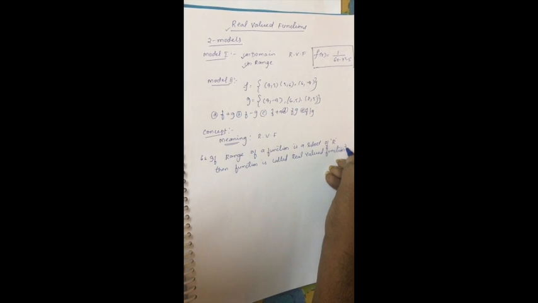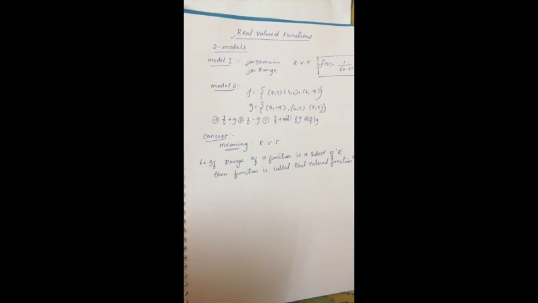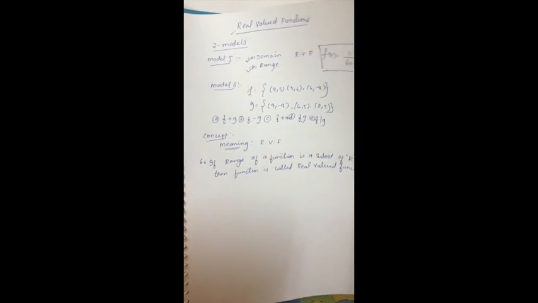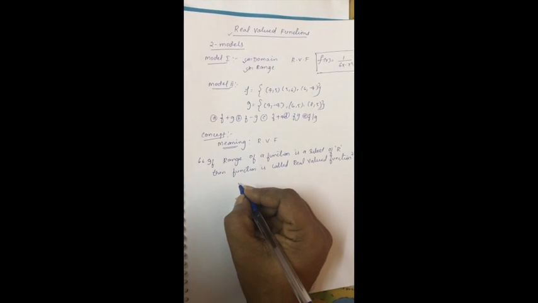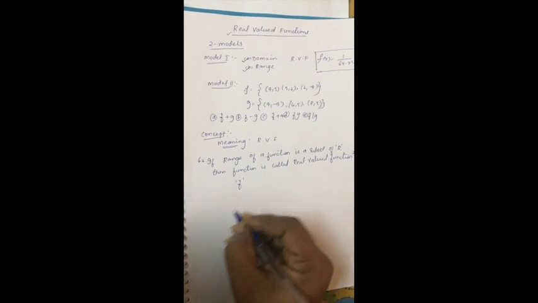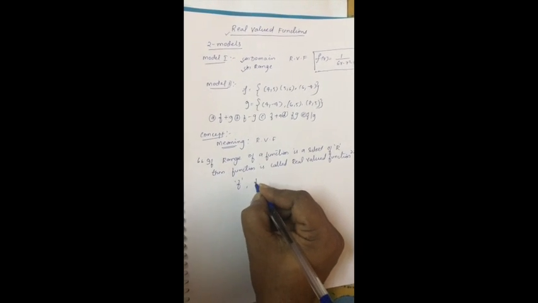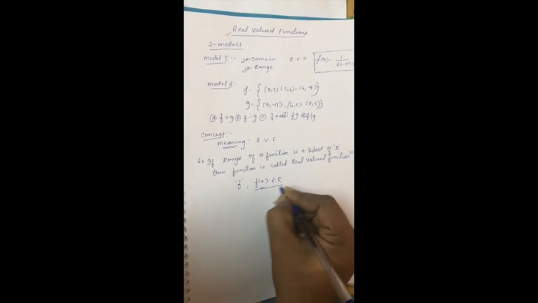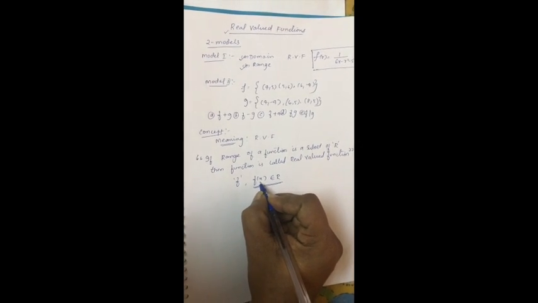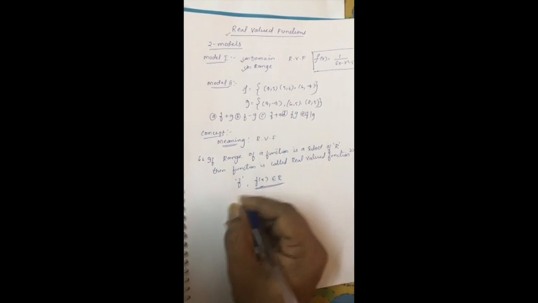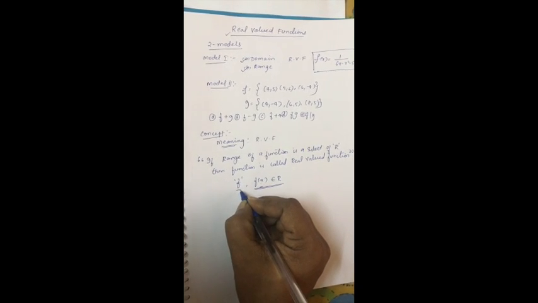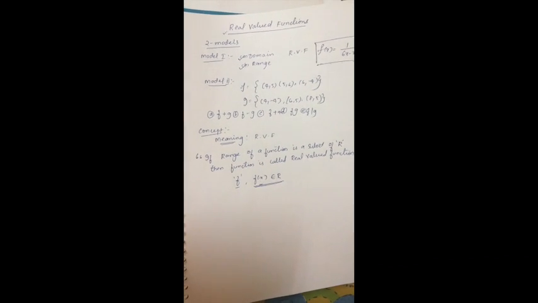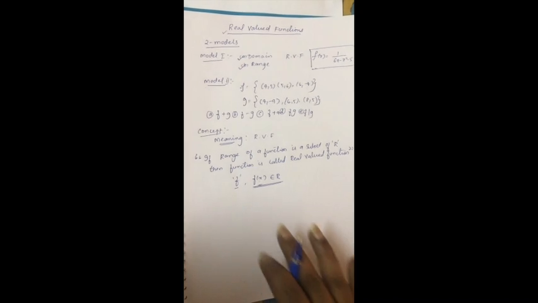What does that mean? If f is a function and f of x is its range, if f of x belongs to R, the range of the function is a subset of real numbers, then such a function is called a real valued function. It's very, very simple.